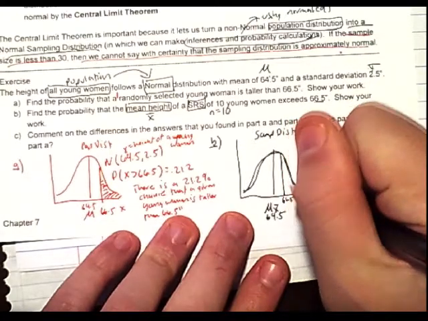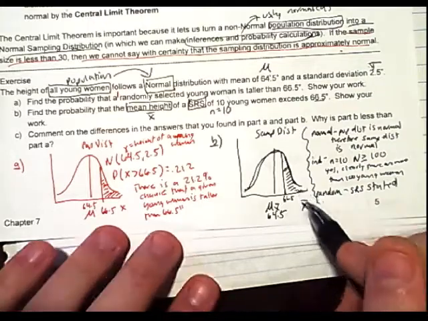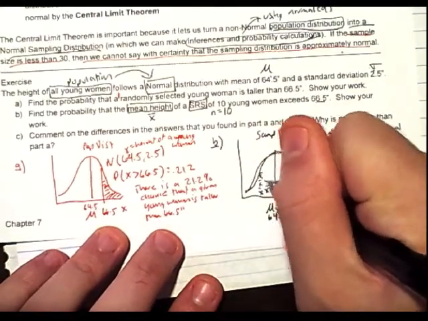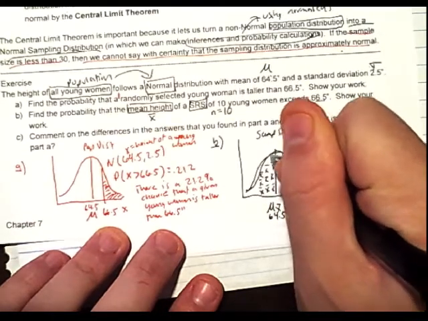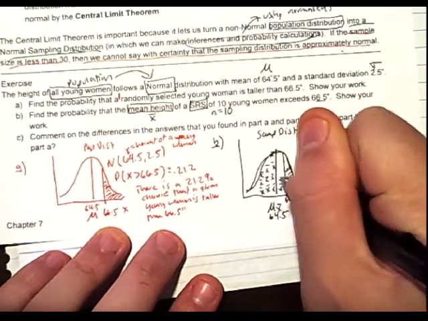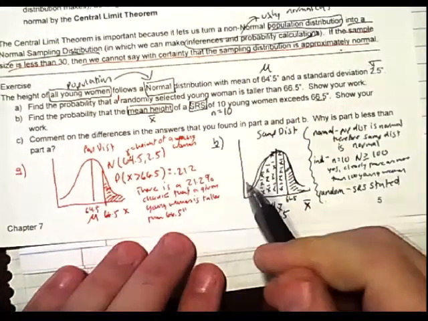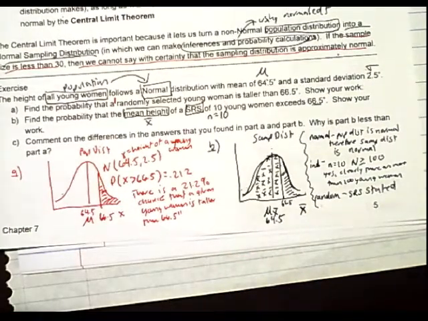What's going to change is that area, because this graph is comprised of a whole bunch of X bars. As sample size goes up, the spread of these X bars goes down. So this graph is more compressed than this graph.